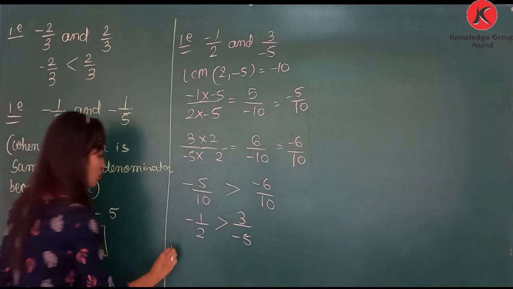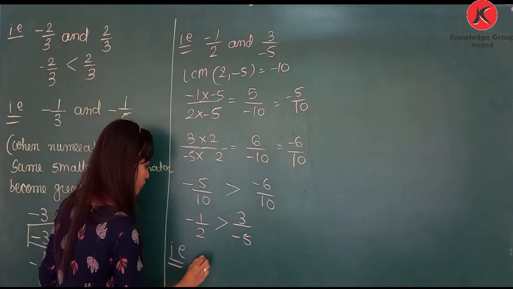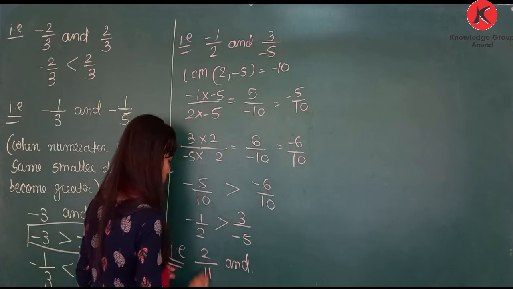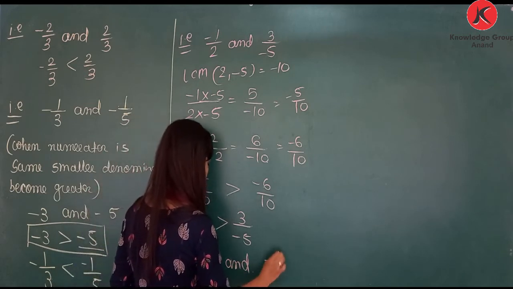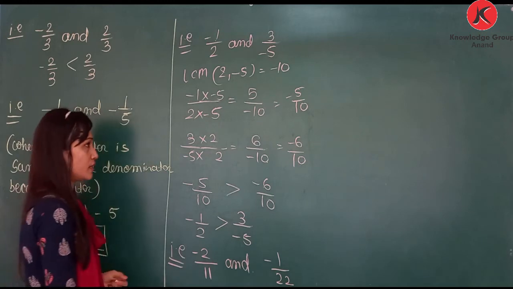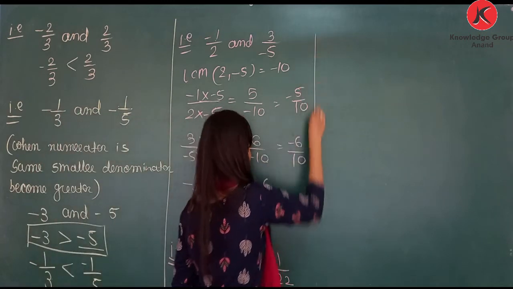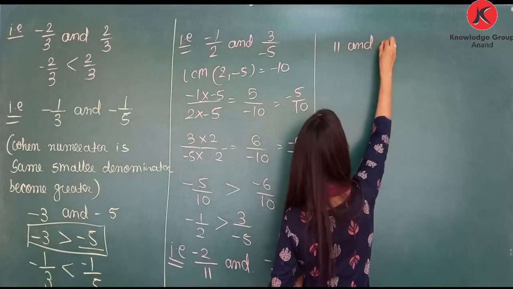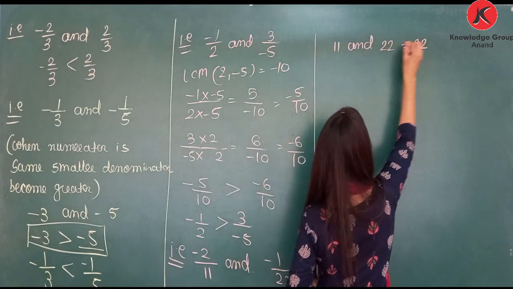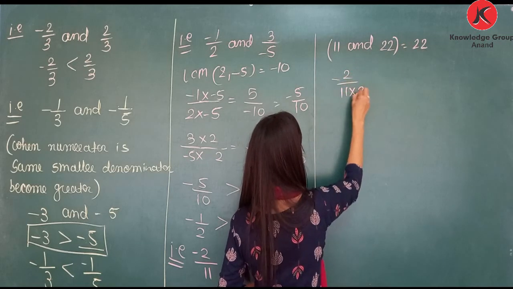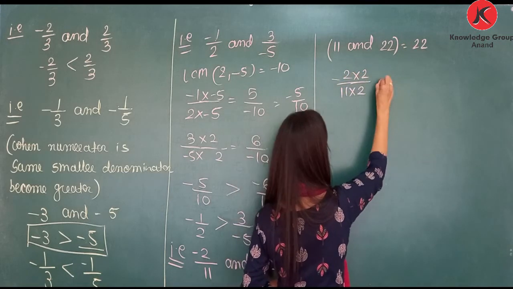Okay, let's take one more example. Minus 2 by 11 and minus 1 by 22. Here take the LCM of 11 and 22. That is 22. So minus 2 by 11 is multiplied by 2 in the numerator and denominator.